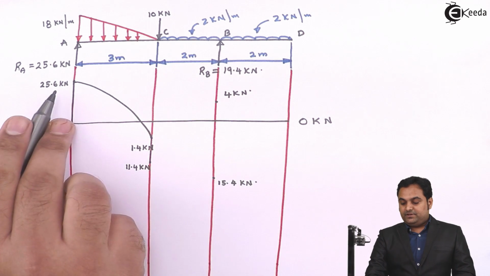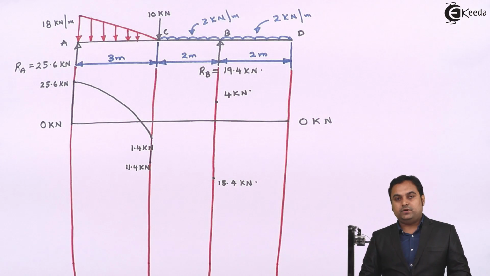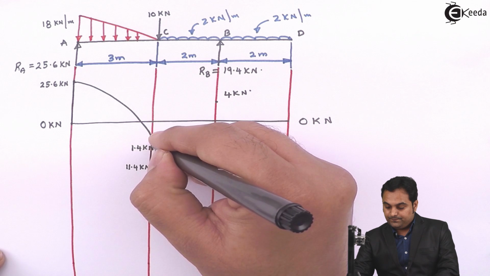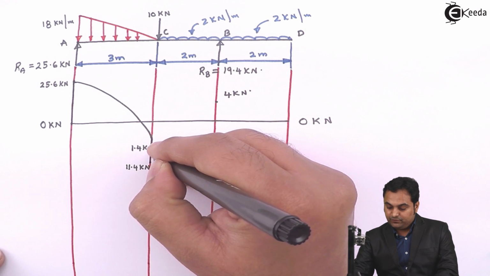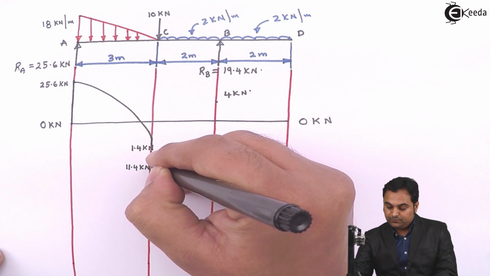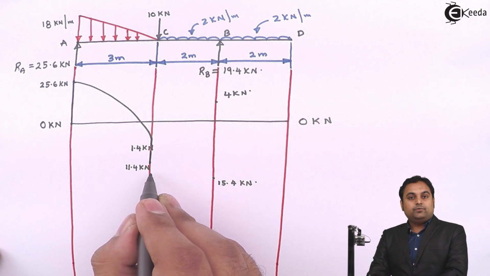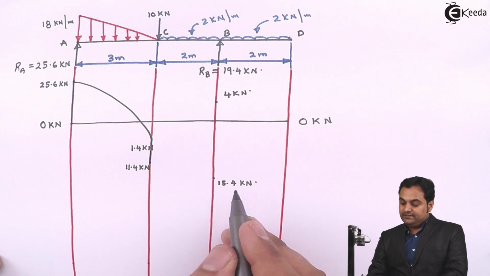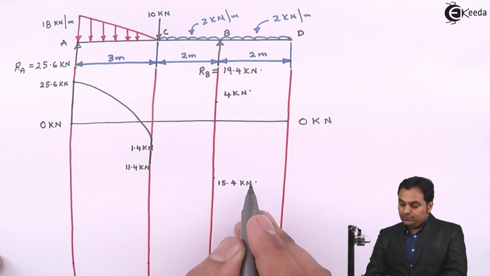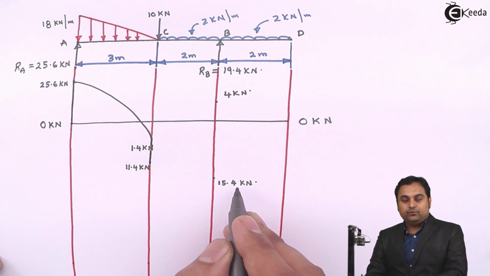Then this minus 1.4 increases and it goes up to minus 11.4 kilonewton. After that at B the value is minus 15.4.